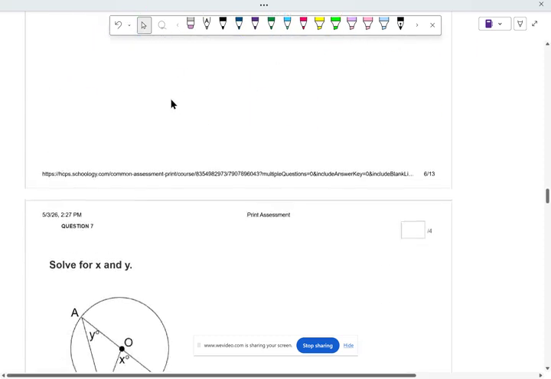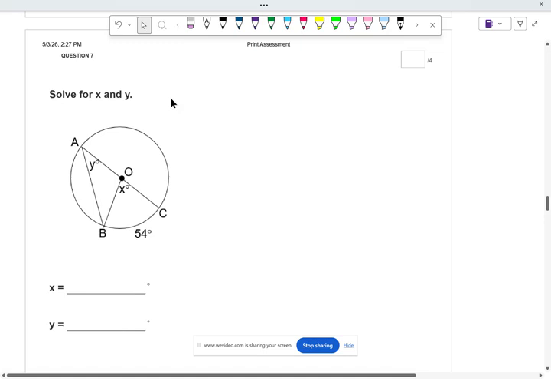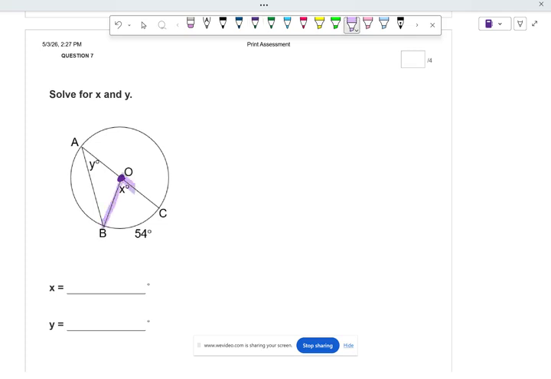Number 7. Solve for x and solve for y. All right, I noticed that they have given me the center of this circle is point O. That means that angle BOC is a central angle.